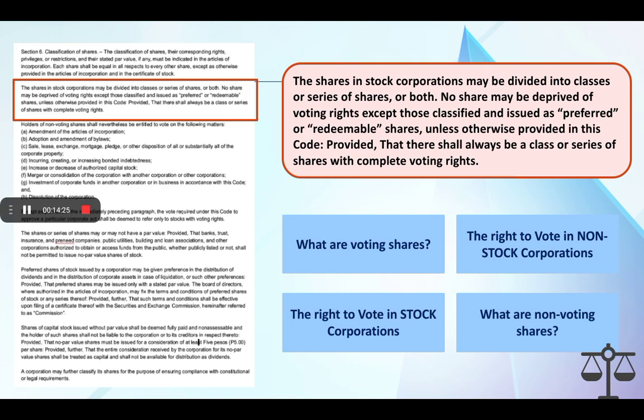So, sinasabi lang dito na no shares may be deprived of voting rights maliban sa shares na naka-classify as preferred and redeemable. So, yung preferred share, yun yung walang voting rights at makakatanggap ng fixed amount or dividend bago yung mga common stockholder. So, yung redeemable naman, yun yung shares na pwedeng bilhin ulit.